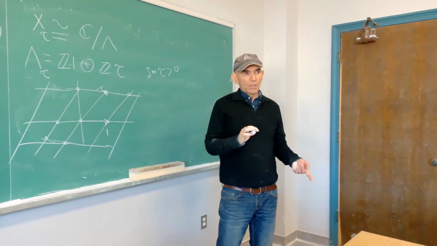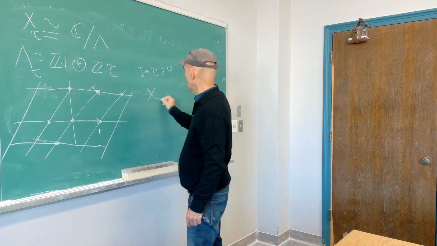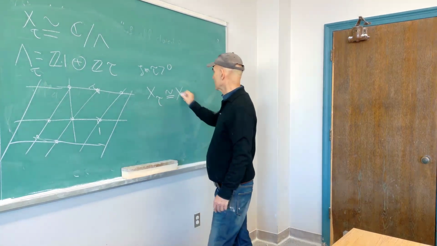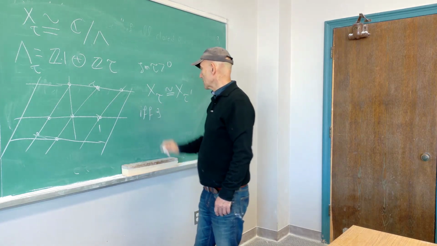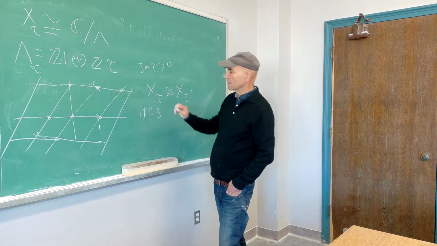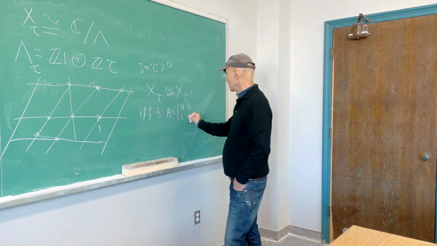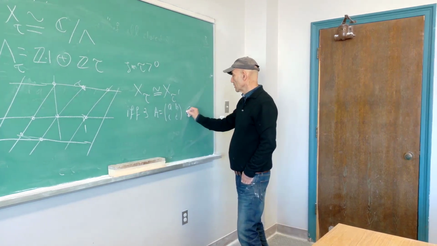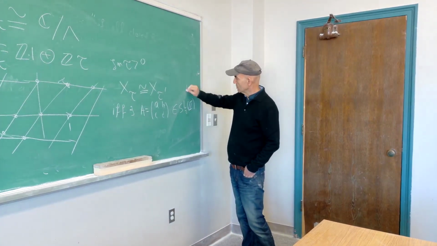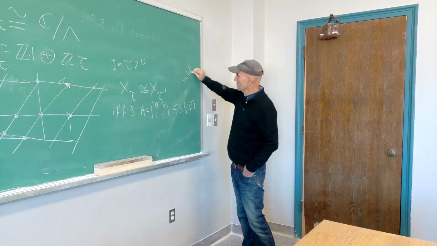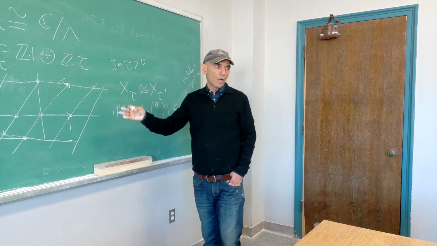Now, there is a second part. X tau is biholomorphic to X tau prime if and only if there exists a matrix A, equal to (A, B; C, D), belonging to the modular group SL2(Z), such that A of tau is equal to tau prime.